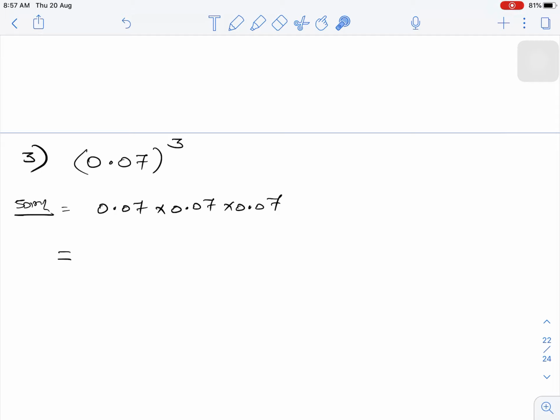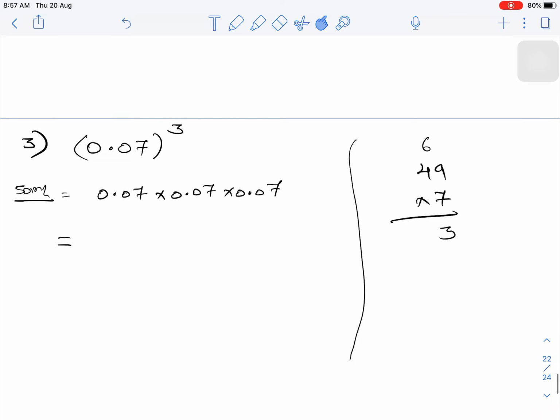So that equals, now when we are doing our multiplication, what we will do? We will multiply only 7 by 7 by 7. Okay, so we know that 7 7s are 49. Okay, now 49 into 7, so 7 9s are 63, 7 4s are 28 plus 6, so it is 34.